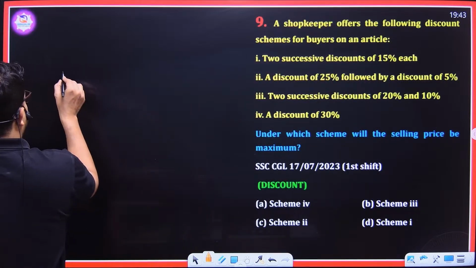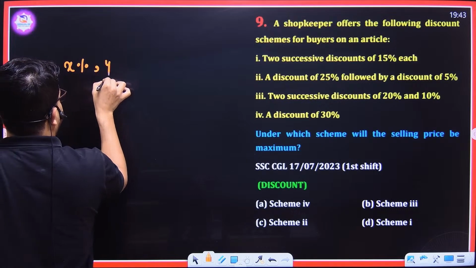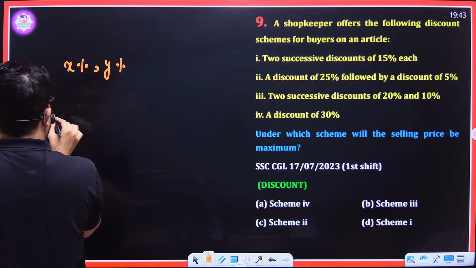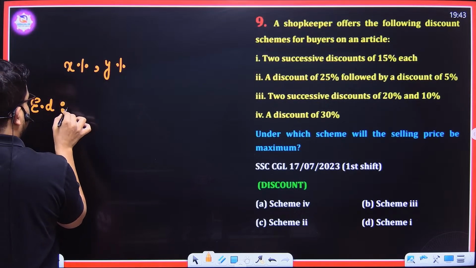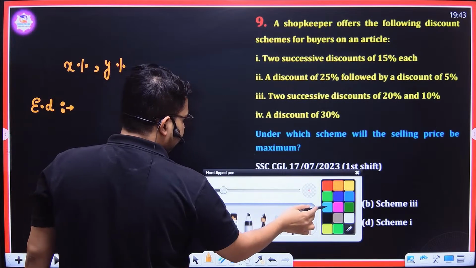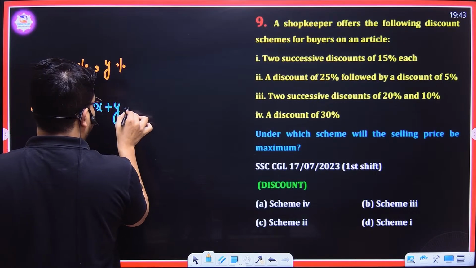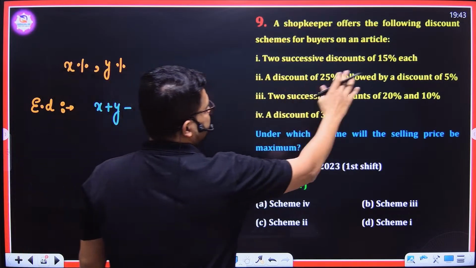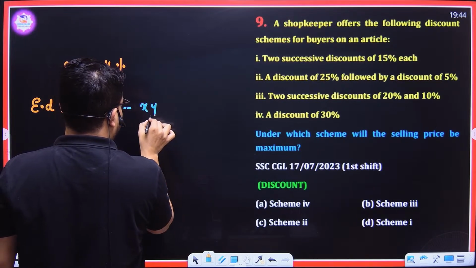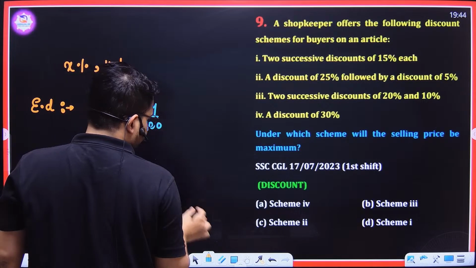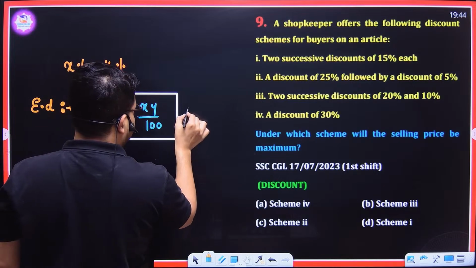If a person gives two discounts, an X percent discount and a Y percent discount, then the effective discount, ED, not enforcement directorate but effective discount, is calculated by X plus Y minus XY upon 100. We have several methods, but if our discounts are integers, this one is the best method to calculate effective discount.